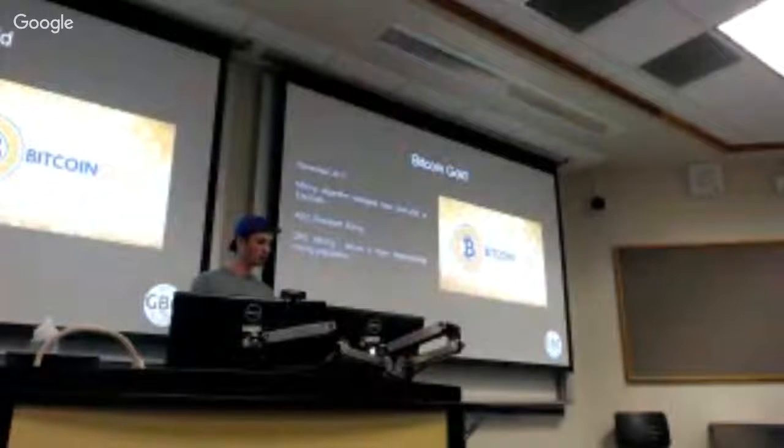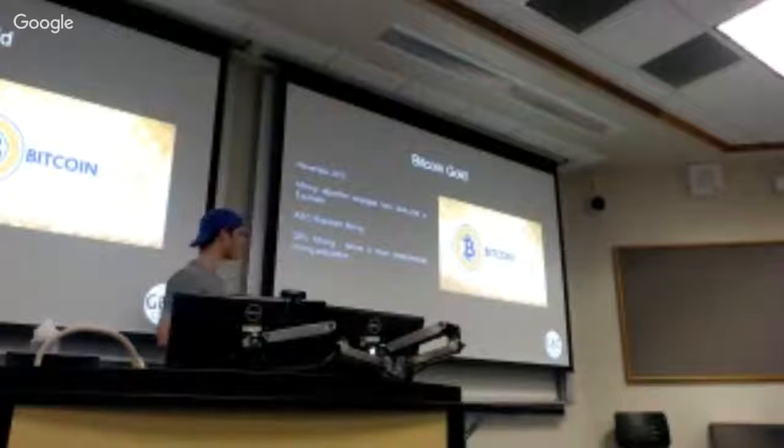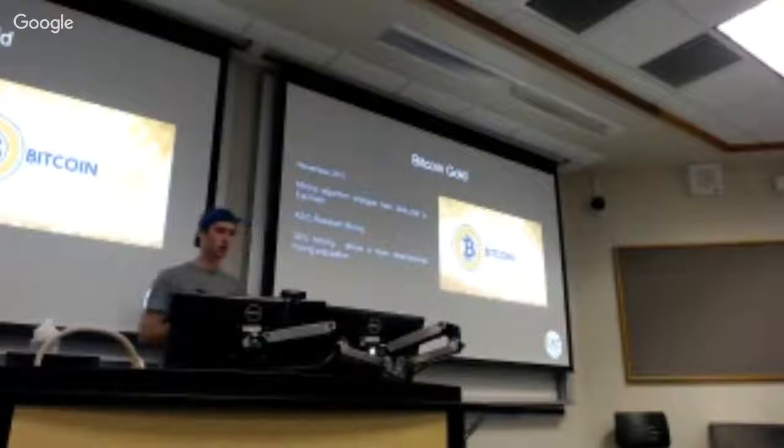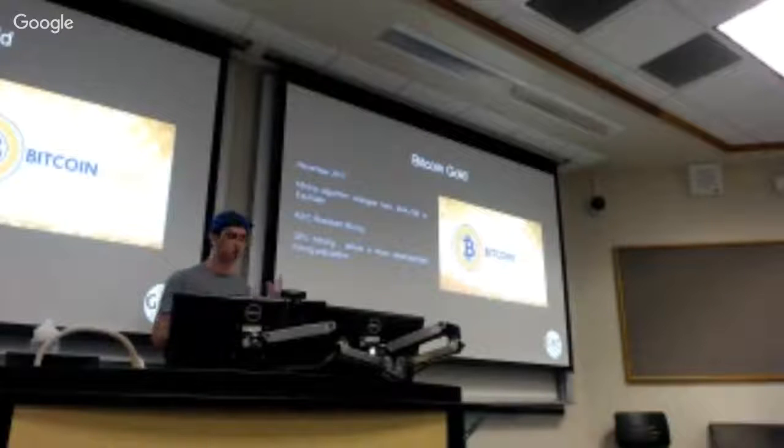Other Bitcoin forks, Bitcoin Gold, another one that actually was taken off the blockchain. If you had Bitcoin, you were going to get Bitcoin Gold a couple weeks ago. Just a couple days ago, everyone got their Bitcoin Gold. So if you were holding your Bitcoin, you actually have more Bitcoin Gold now.